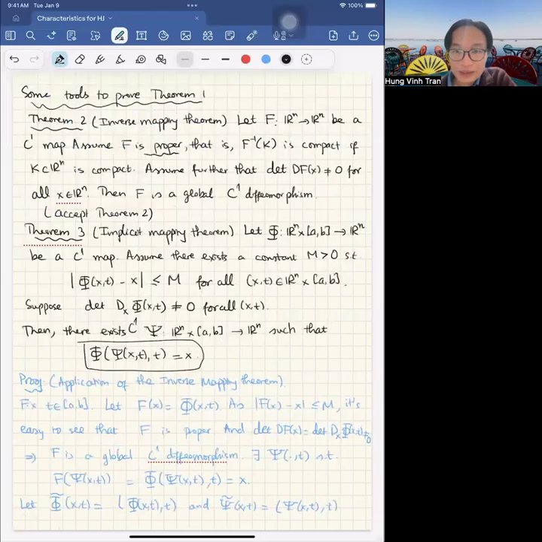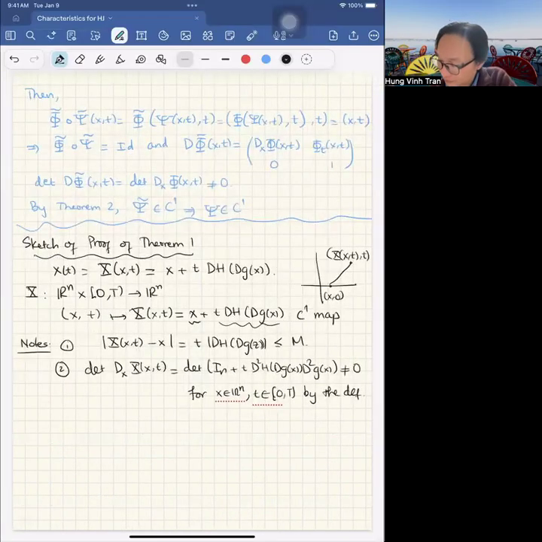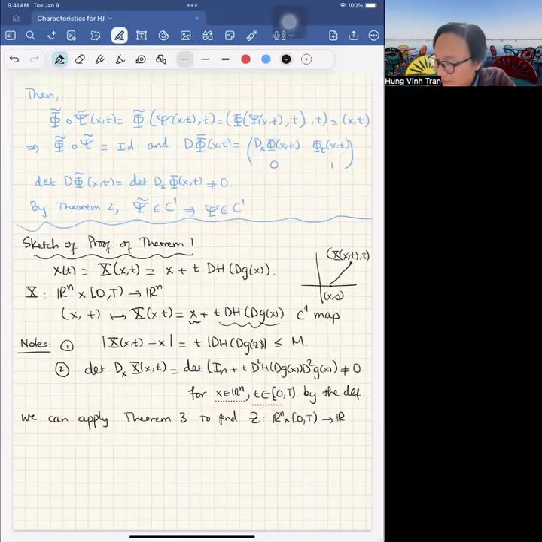It satisfies exactly the assumption that we put. Hence we can apply theorem 3, the implicit mapping theorem, to find a map Z mapping from R^n cross (0,T) to R^n such that X of (Z(x,t), t) equals x, for (x,t) in R^n cross (0,T).